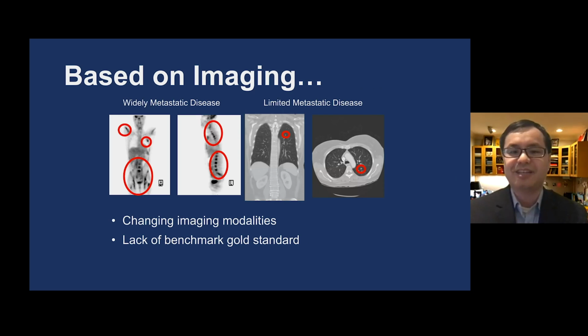So it's been a bit of a moving target to define oligometastatic cancer for each specific cancer type. With the introduction of PET scans and other more advanced imaging modalities, there have also been changes in our ability to identify patients who are appropriate for more aggressive treatments.